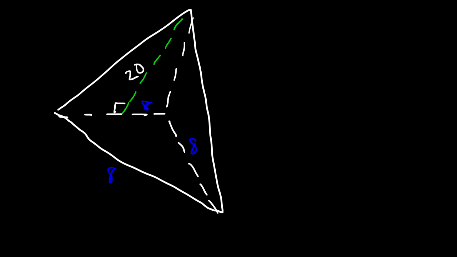Let's try one more problem. So let's say we're given a slant height of 20, and we're given the base length, let's say it's 8, and the units are all centimeters for every dimension.